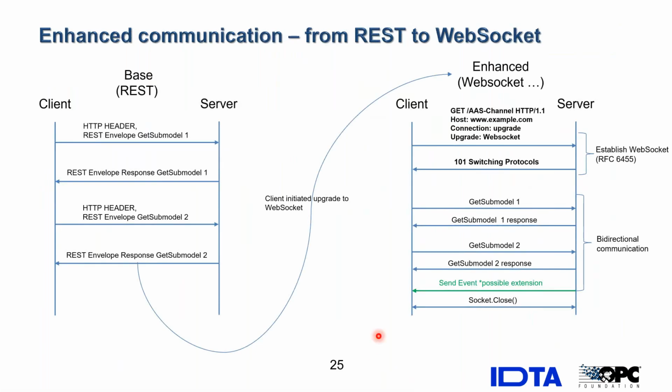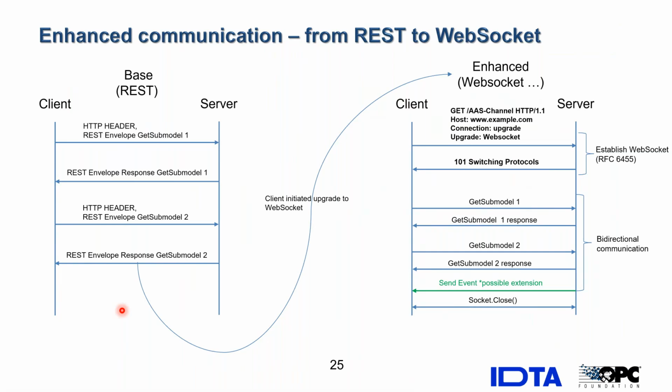Now, how will the transition from today's communication to the enhanced communication work? In today's REST communication, a client sends its requests, including a full HTTP header and its requested envelope, to a designated server. After the server processes the request and has its result, it sends the response with a matching REST envelope back to the client.